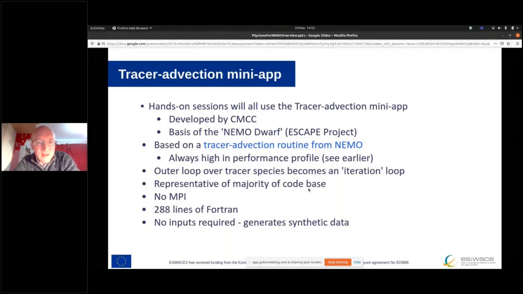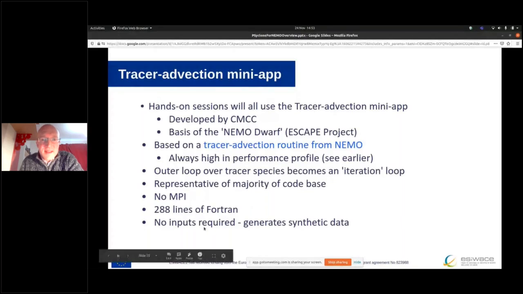This particular routine has had the MPI removed from it, so there's no MPI in this benchmark. It consists of a few hundred lines of Fortran, and it doesn't need to read any data. It just generates synthetic data for the purposes of running. It does output data at the end, I think, which we do use to check we haven't broken anything when we're parallelizing, but that's the only reason we use that.